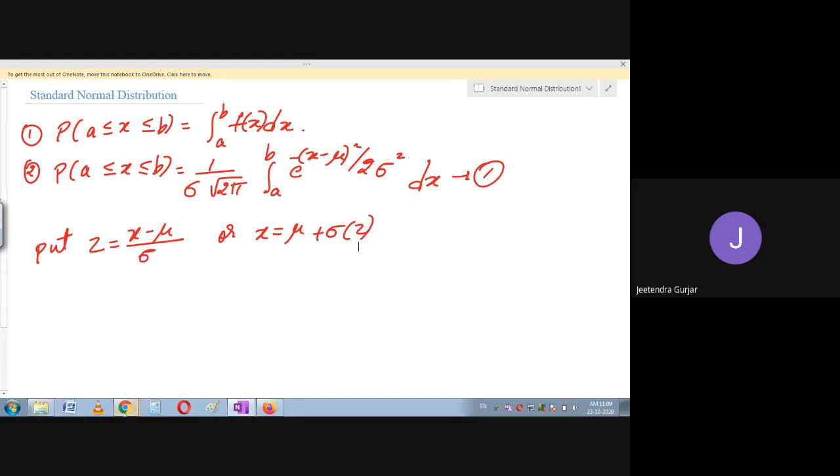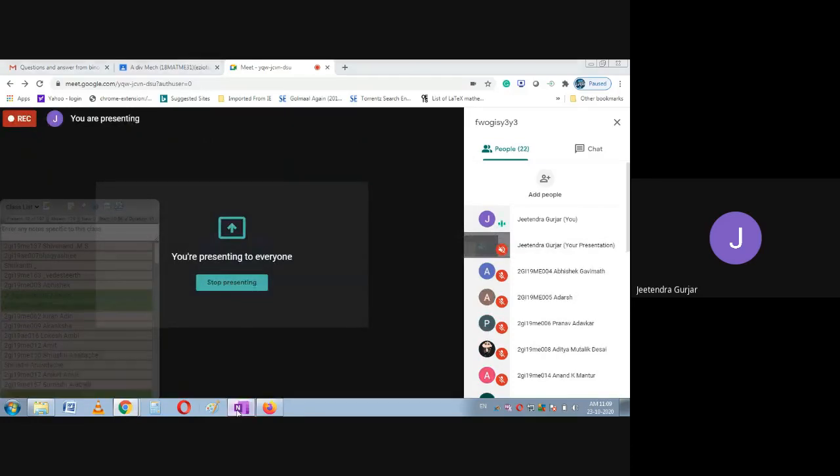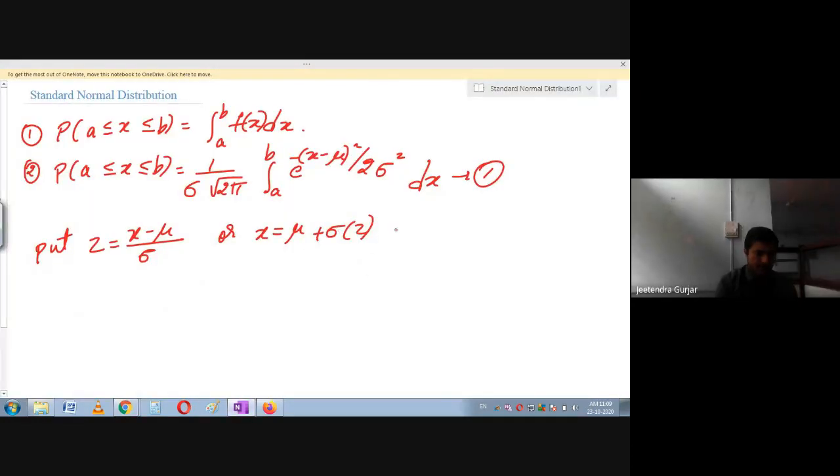So we are going to substitute this and simplify. If you differentiate, you get dx is equal to sigma dz, since mu is a constant and its derivative is 0.